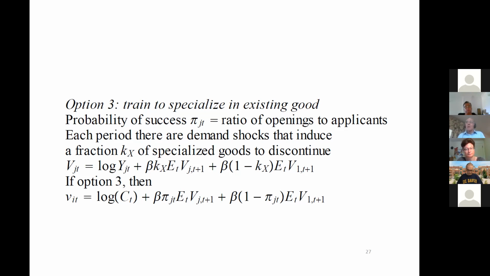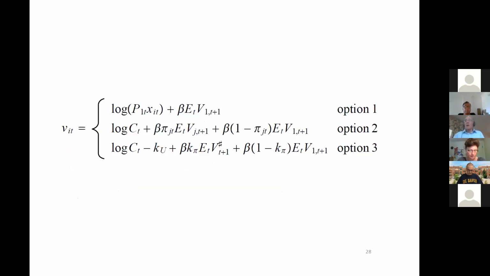So if you choose to do that, you also collect unemployment compensation. If you're training to try to get an existing specialized job, you're unemployed this period, you're going to collect this CT. With probability pi JT, you're going to be successfully hired with enterprise J, and otherwise you're going to stay unskilled.